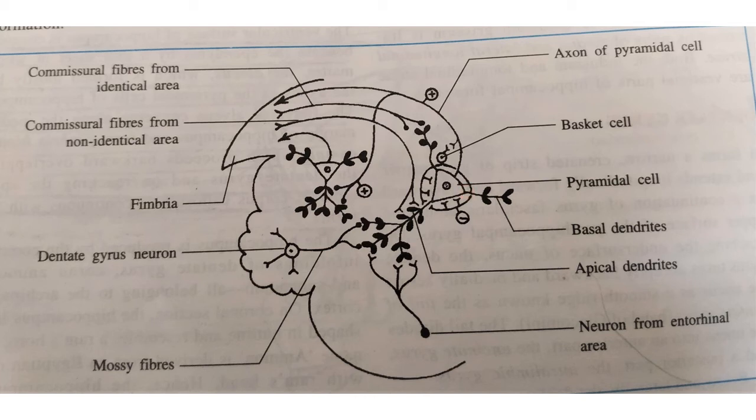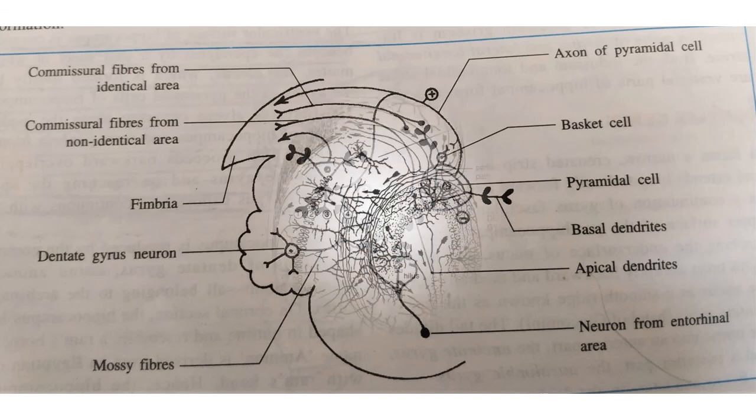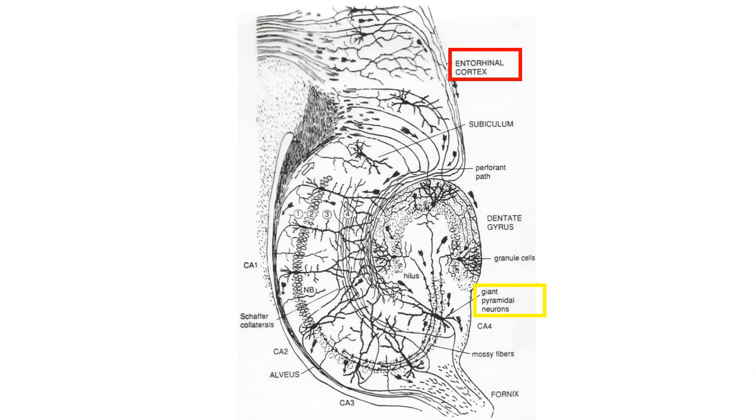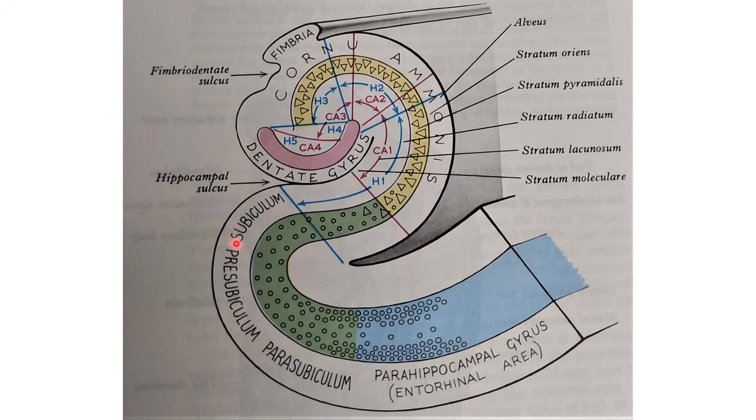The pyramidal cells of the cornu ammonis are subdivided into three areas or fields according to the size, packing density, and the fiber connections. They are CA1, CA2, and CA3.